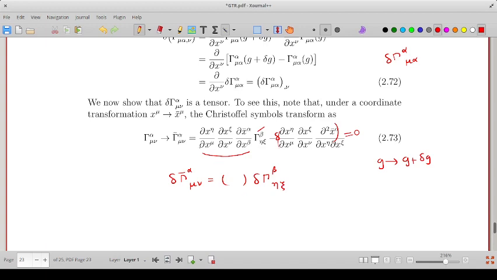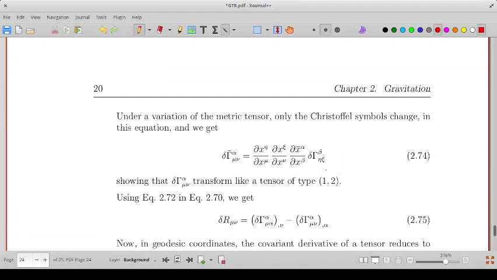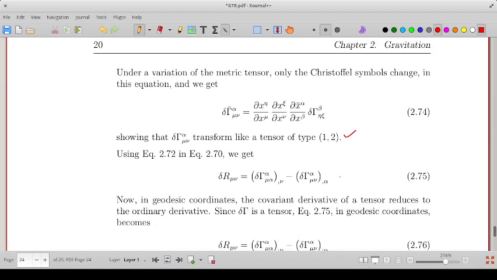So now we see that this is in fact a transformation rule for a tensor of type 1, 2, because this is the corresponding transformation factor. That means delta gamma is a tensor of type 1, 2. So that's what we have written here.